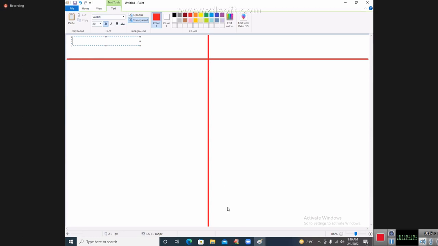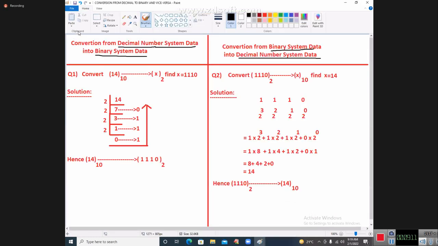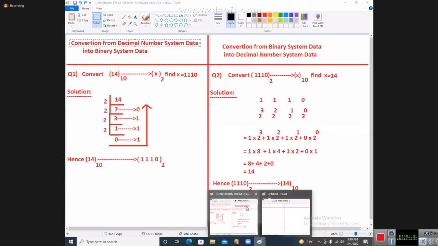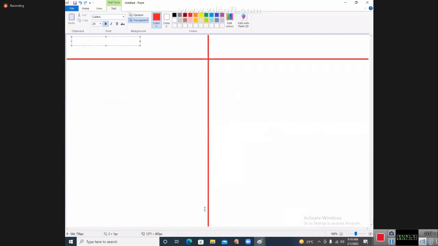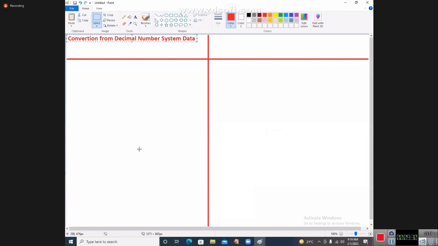So what is our previous diagram here? Conversion from decimal number system data into binary. Similarly, today I want to go for converting decimal number system data into octal number system data.